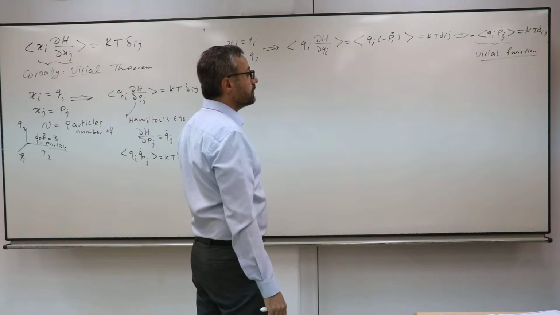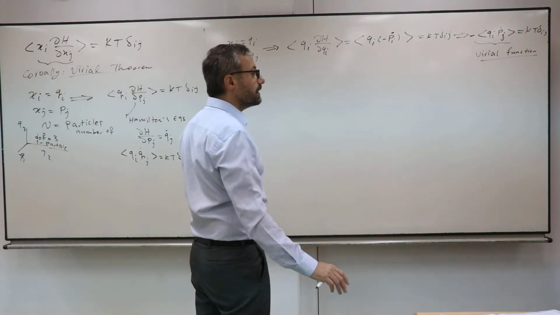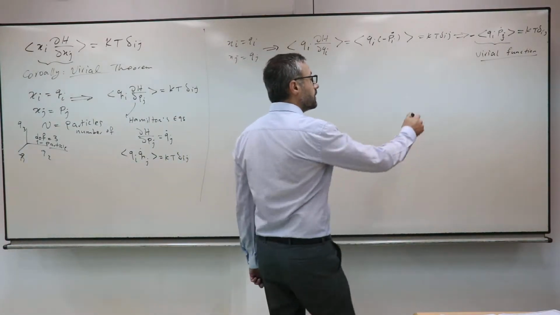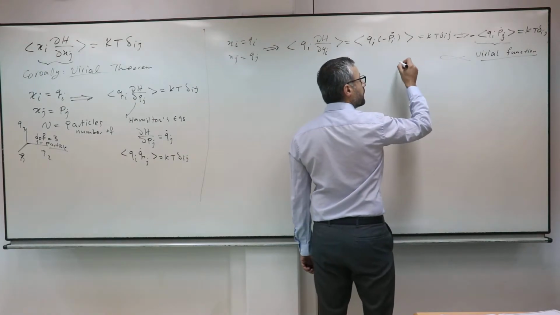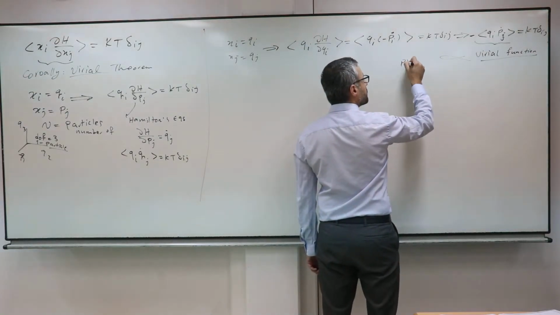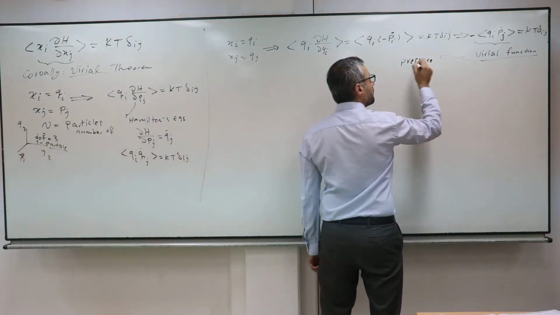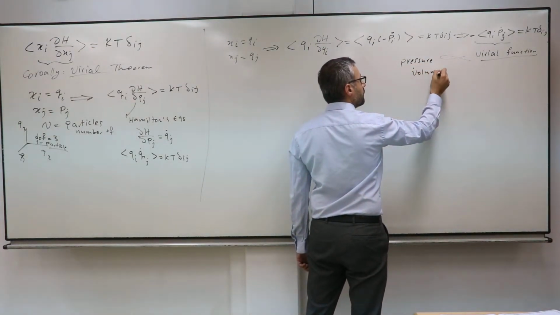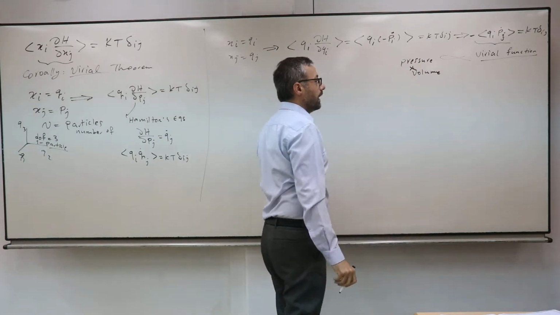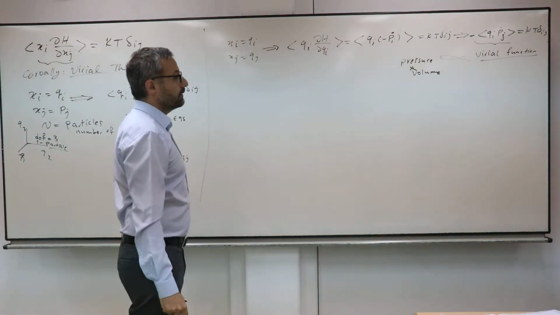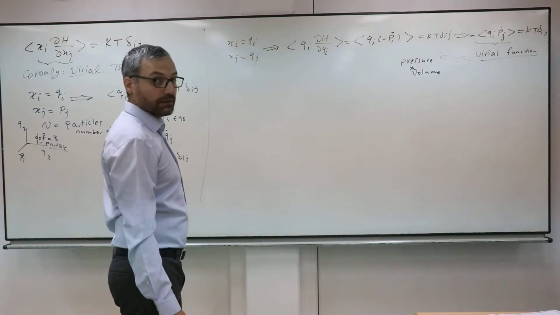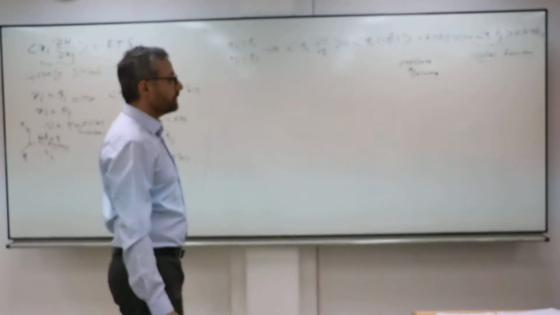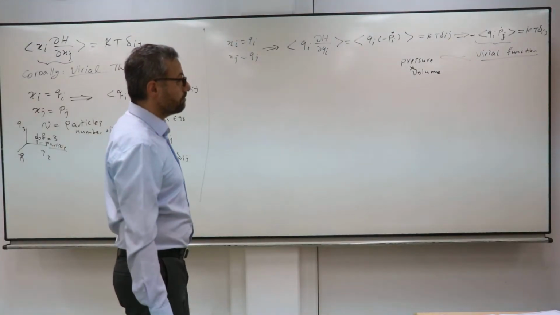Very soon I will show that the virial is proportional to the pressure, and pressure multiplied by the volume. And as you expected, it will give you the equation of state between the pressure and the T. But I want to find that.